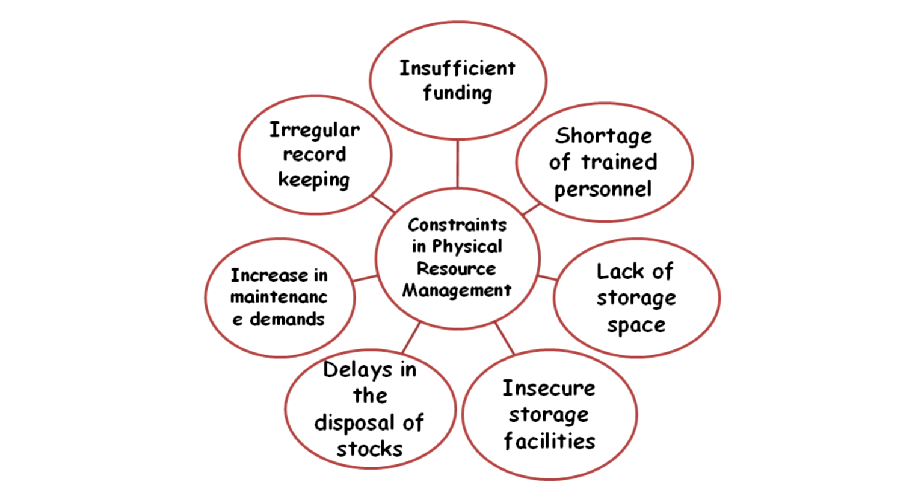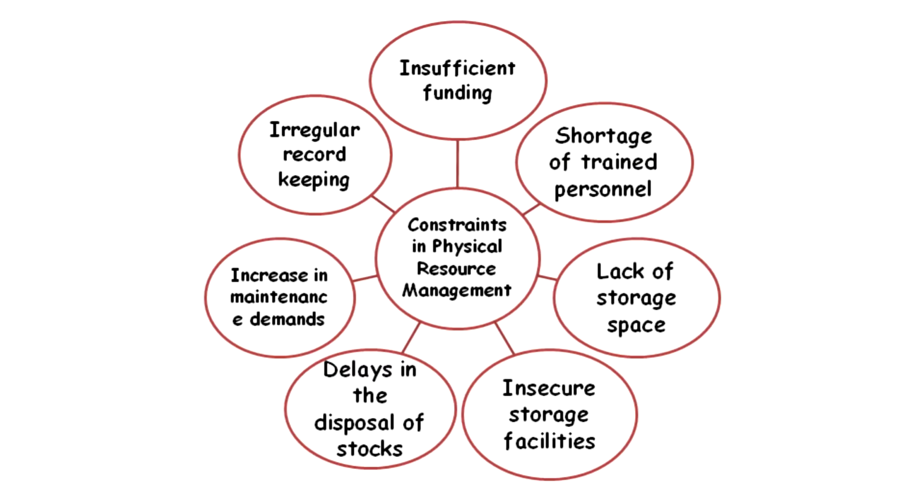The first constraint is insufficient funding. When we look at the schools, whether government or private, we can see that many government schools lack many equipments. They say the reason is lack of finance.